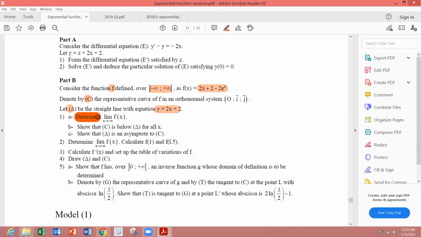First part, we need to calculate the limit as x tends to minus infinity of f(x). How much is the limit if we replace x by minus infinity here in this equation?